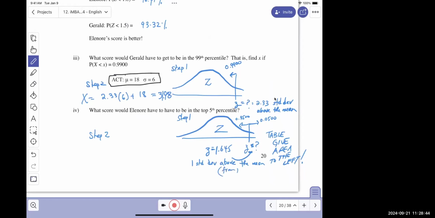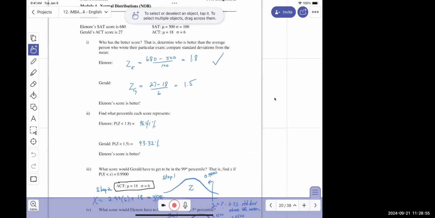It doesn't really matter because you're just going to add a negative. So this is x equals 1.645 standard deviations.